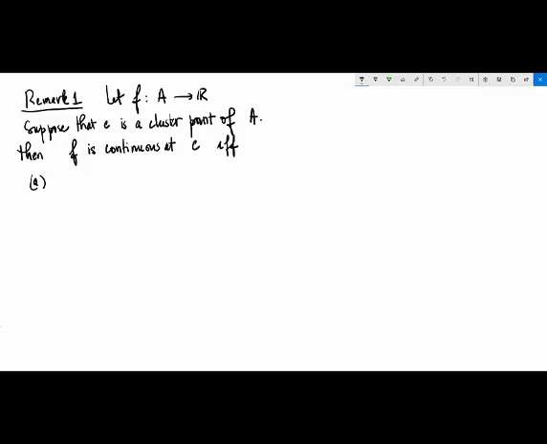First, f is defined at c. In other words, c is in the domain of f.